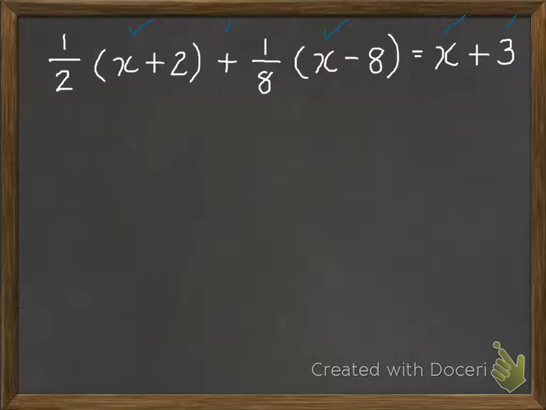According to the method I'm going to use, in order to clear the fractions before we solve the equation, we need to find the lowest common denominator and then multiply each of those terms by that lowest common denominator, and that will clear the fractions.